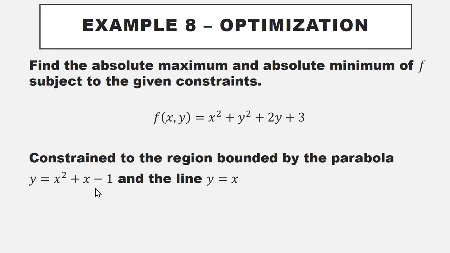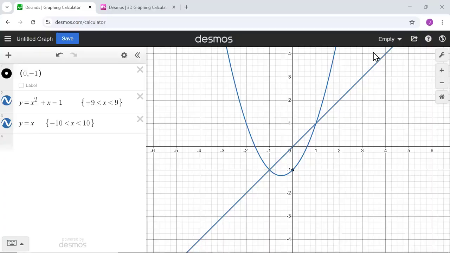So let me graph the region we're looking at. We've already done some work with this function, so we can reuse some of that work. And we'll check out the region that we're bounding by here. If you graph this parabola and the line, the region that is enclosed with those two curves being the edges is this region in here.